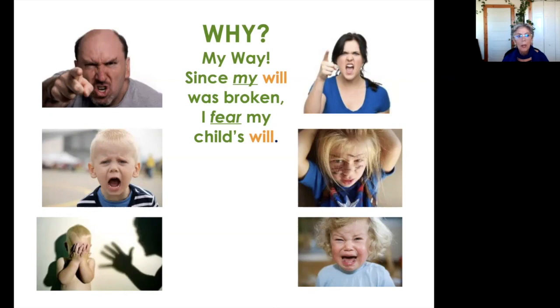So the only way that they know how to control their child's will, in order to feel safe from their child's vehement expressions as they come into their individuation process, is through domination and over control and teaching them to repress and hold their energy in. So that's what's happening here with these very strong-willed parents. Let's go to the next slide.